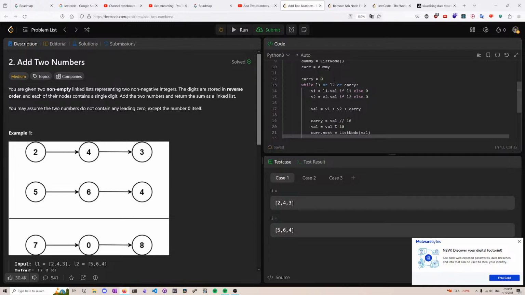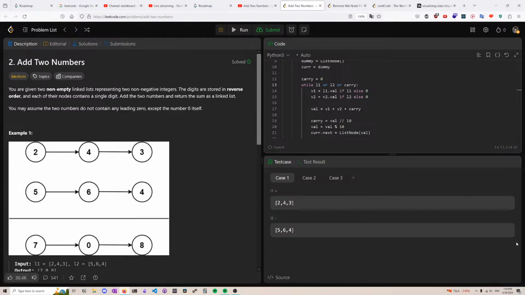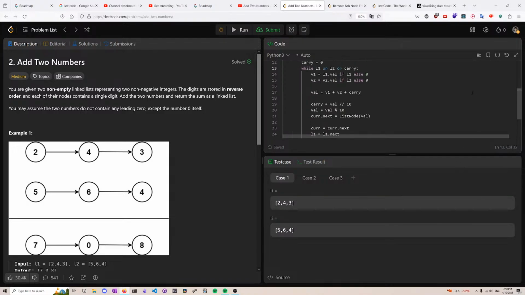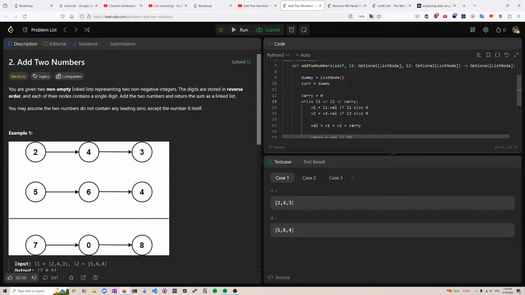Or carry. So this needs to be a condition because, for example, you have the edge case of adding a single digit number while there's a carry. In that case, both of these values will be None. However, we still have the carryover.